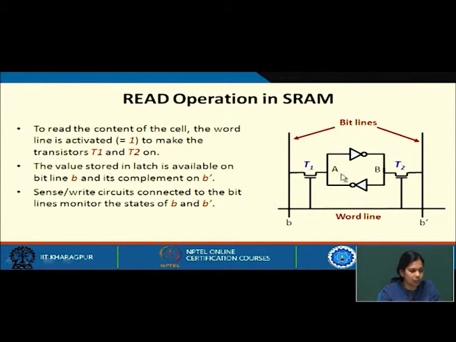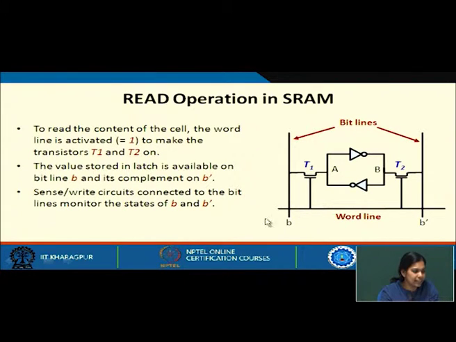If the value is 1, then 1 will be available on bit line B and 0 will be available on bit line B bar. In the same way, if the value is 0, then 0 will be available on bit line B and 1 will be available on bit line B bar.